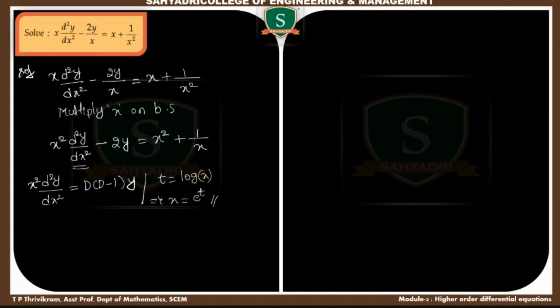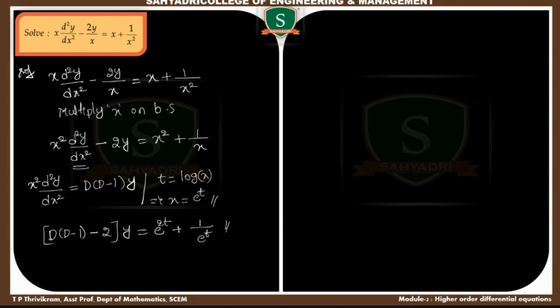So now apply these substitutions in this problem. So d into d minus 1 minus 2 into y is equal to x square. x square means e power 2t plus 1 by e power t.